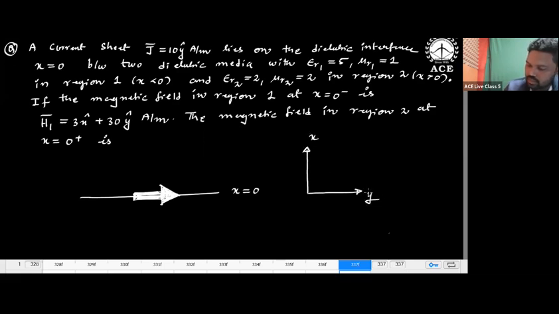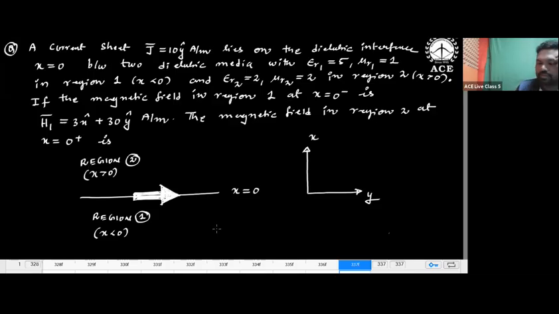Here it is x-axis, here it is y-axis. Here it is region 1, here it is region 2. This is x less than 0, here x greater than 0. And medium parameters are also provided. Yes, everything is provided.